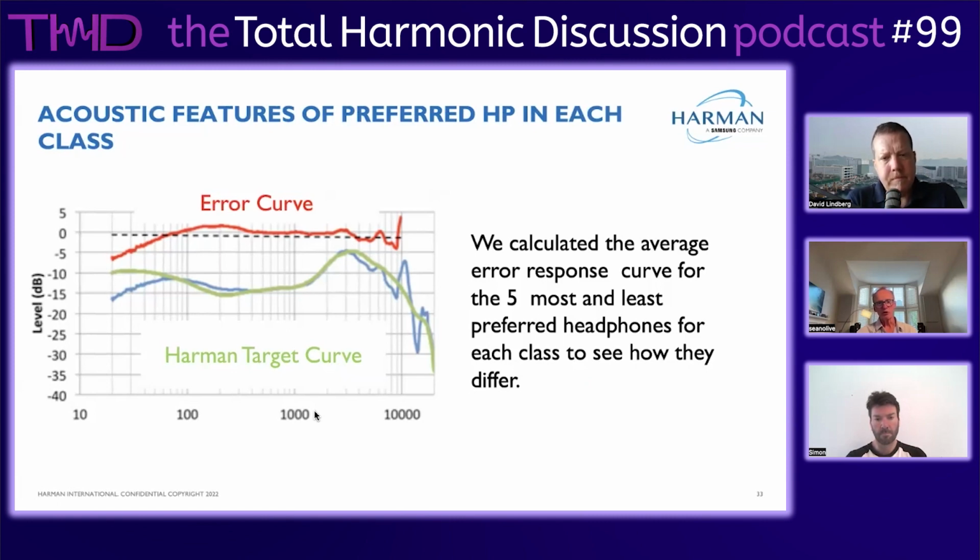So if they like the Harman target on average, which the 64% segment generally does, the error curve would be flat. If they like something with more bass, the error curve would have some boosted bass. If they like something with less bass, the error curve would be falling off, as you can see in this example.